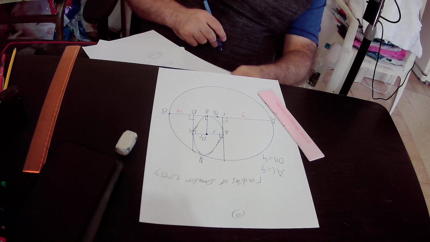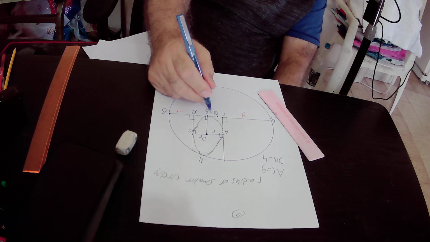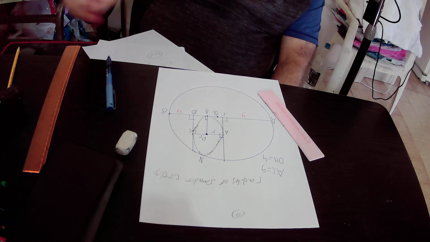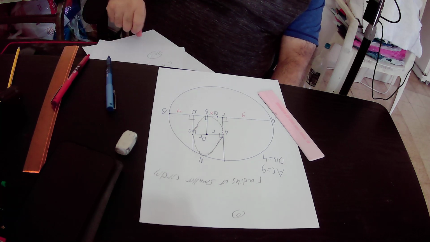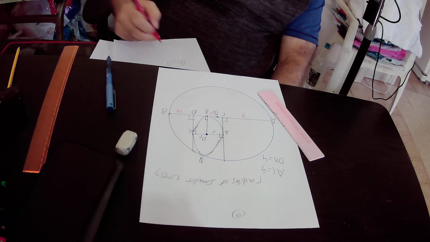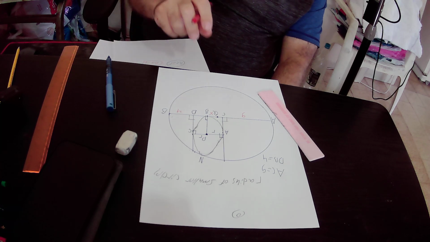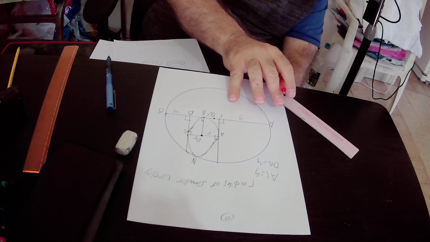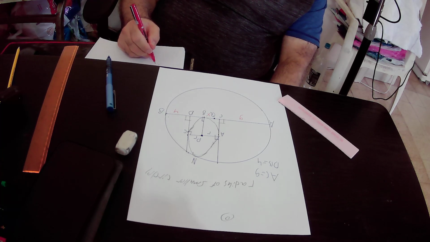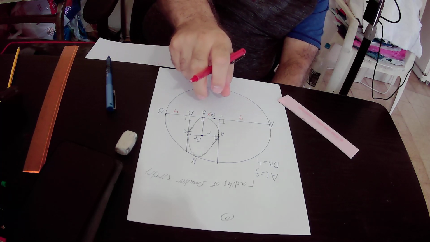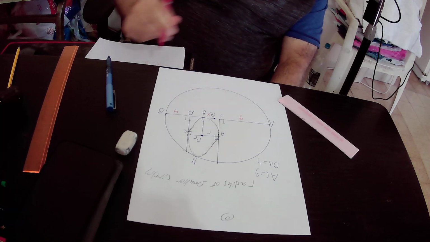Let's define BQ as x. BQ equals x. And the radius of the big circle R will be equal to 9 plus CQ.